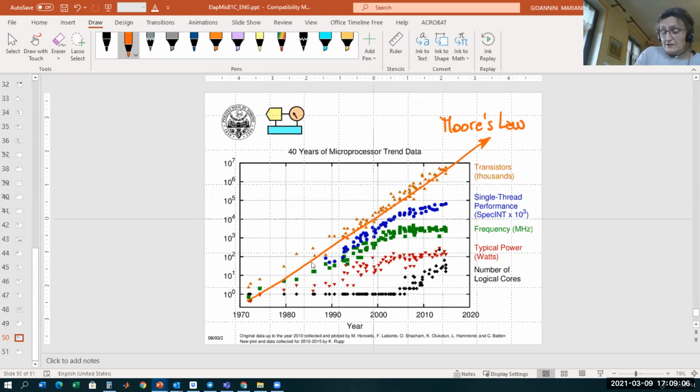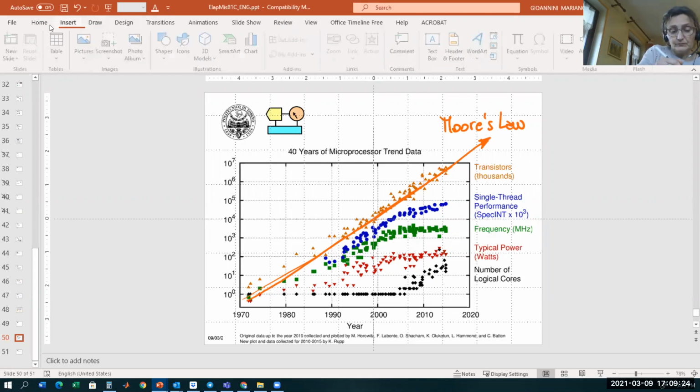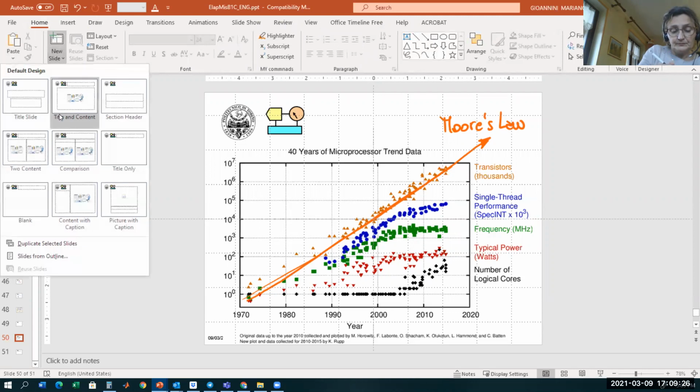And as you can see here, you have a huge increase of the number of transistors with time. This increase made possible what? It made possible the increase of the operation frequency, and so the number of operations that you can perform per unit of time.